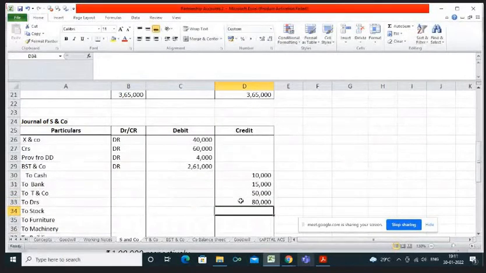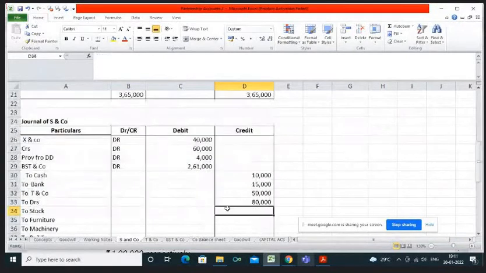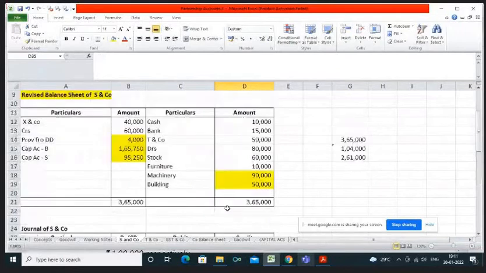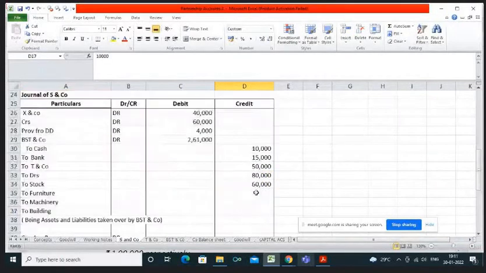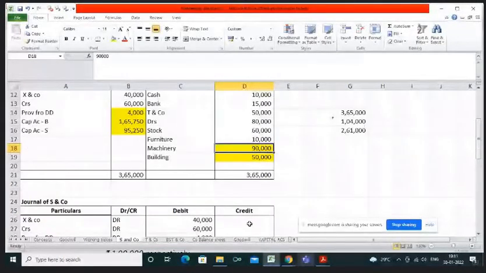Stock is 60,000. Furniture 10,000. Machinery 90,000. Building 50,000.